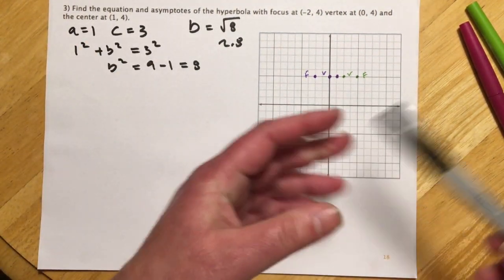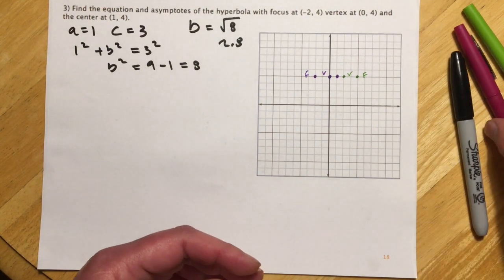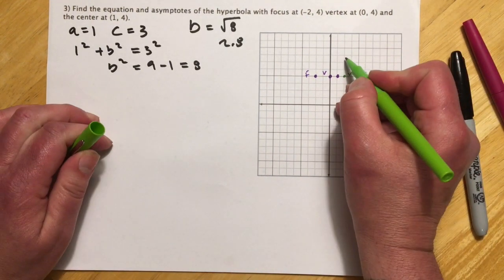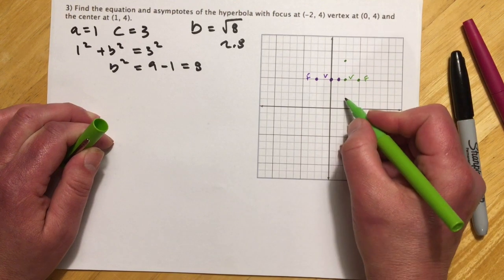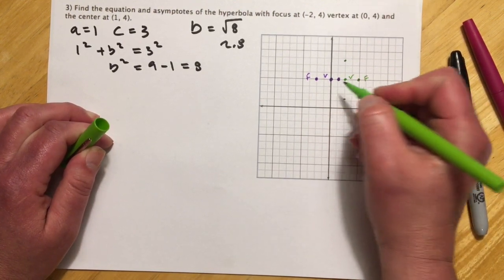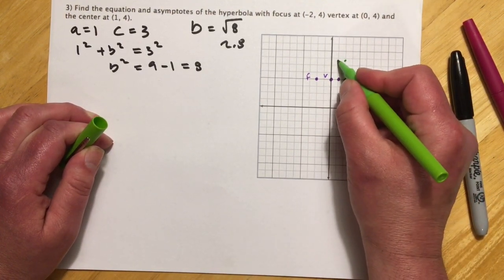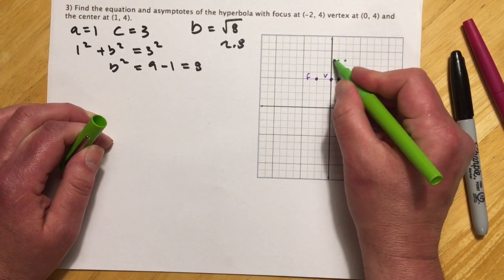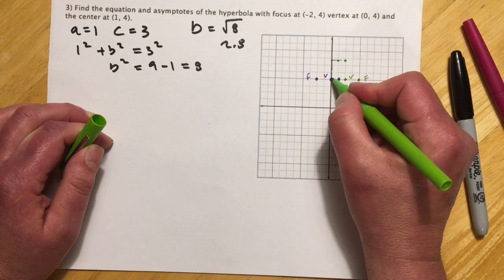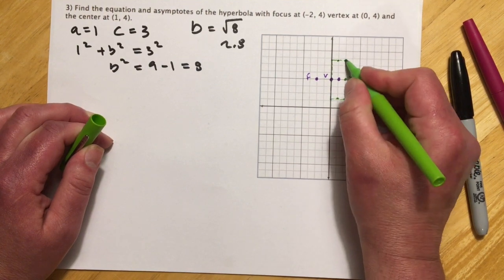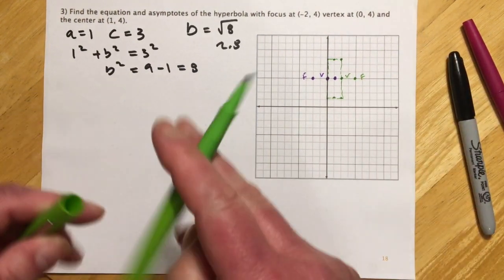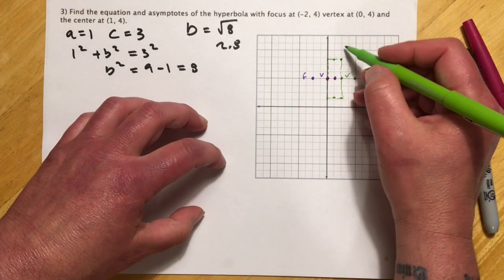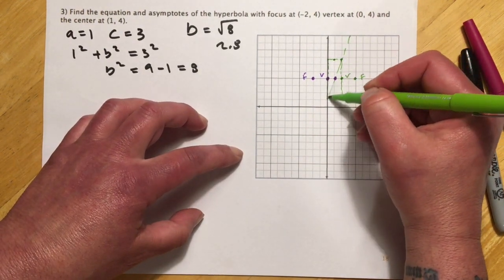So I'll finish up the graph this time. So 2.8 would be just under 3 and just under 3. Oops, and I drew it in the wrong spot. So here and here. So there's the box, and then the asymptotes would run just like that.